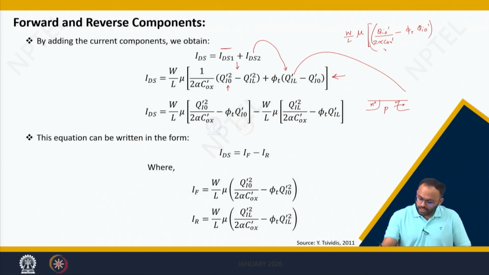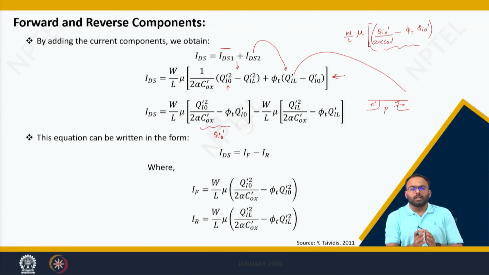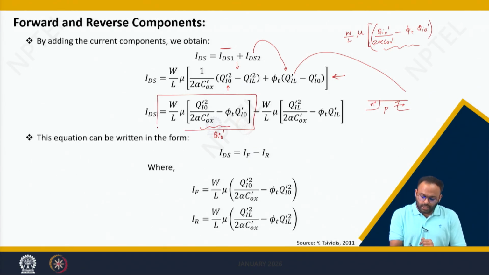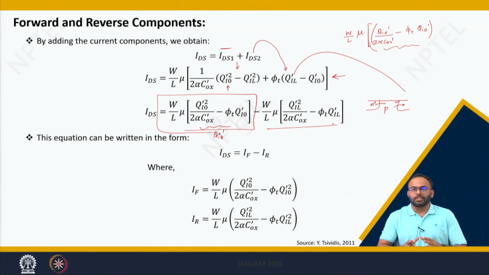So this part is only a function of Qi dash 0. It means the left hand side is the function of only inversion charge which is present near the source channel junction, and the right hand side is only dependent on the inversion charge which is present at the channel drain junction.